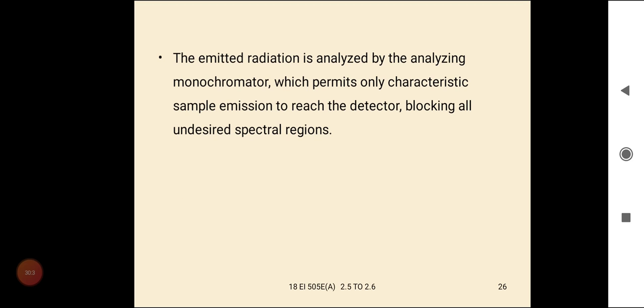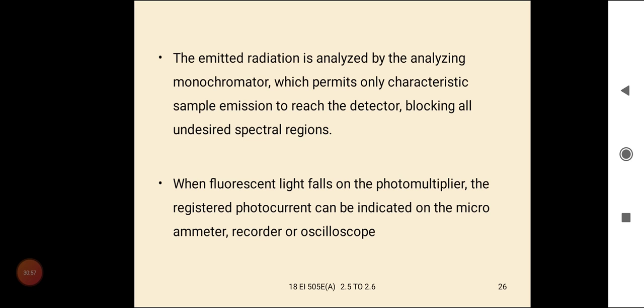The emitted radiation is analyzed by the analyzing monochromator, which permits only characteristic sample emission to reach the detector, blocking all undesired spectral regions. When fluorescence light falls on the photomultiplier, the registered photocurrent can be indicated on the microammeter, recorder, or oscilloscope.